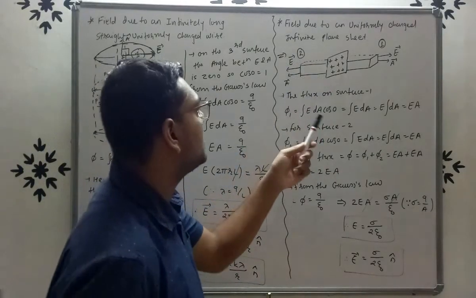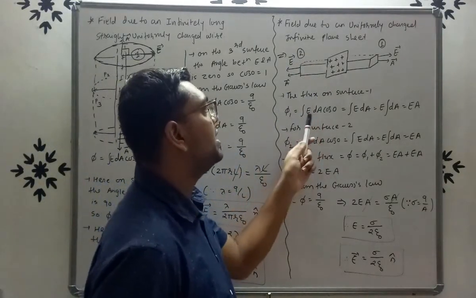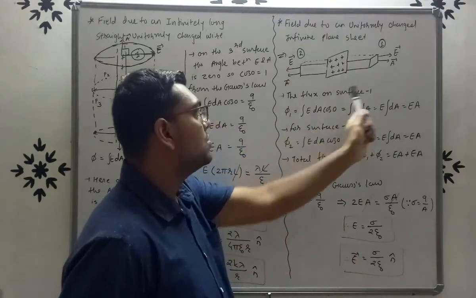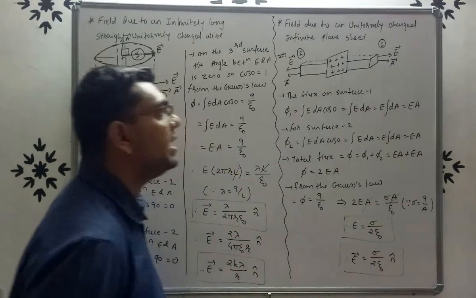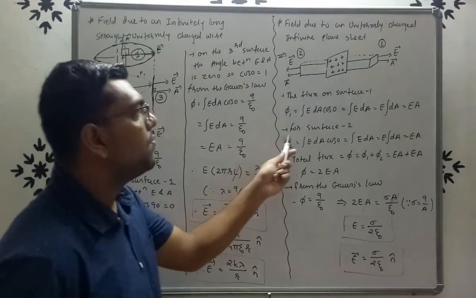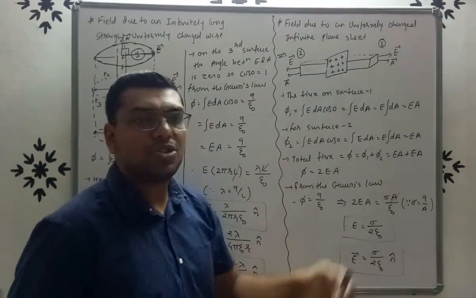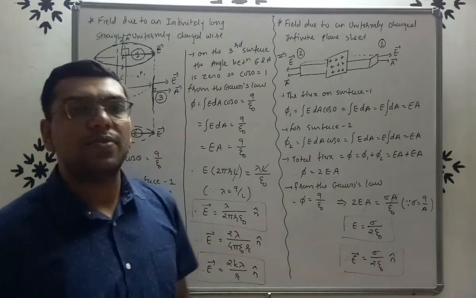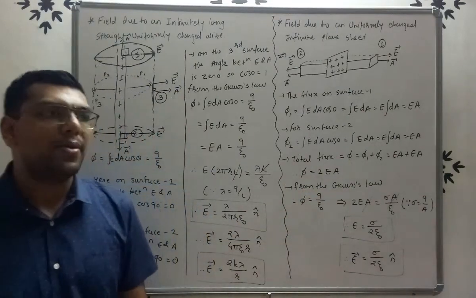The flux on surface 1, phi 1, is equal to integration E dA cos theta, where the value of theta is 0. So phi 1 is equal to E integration dA, that means total area A, so phi 1 is equal to EA. Same for surface 2, phi 2 is equal to EA. So total flux phi is equal to phi 1 plus phi 2, that means 2EA.